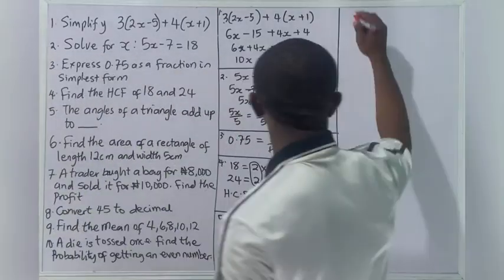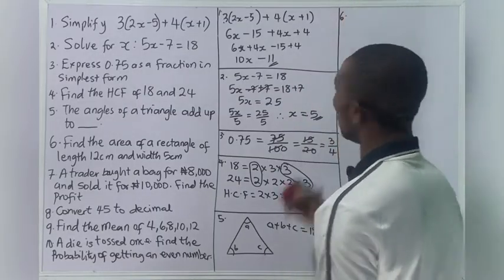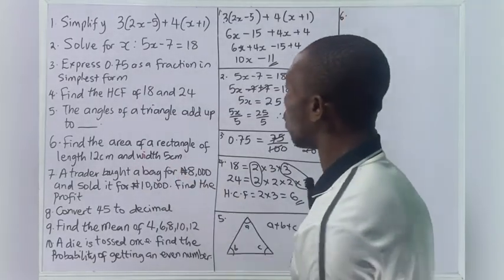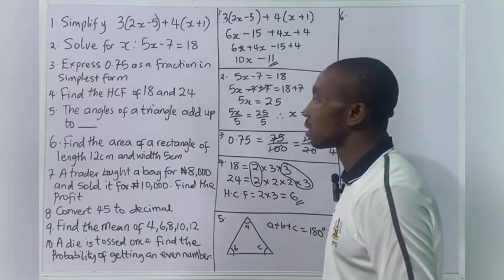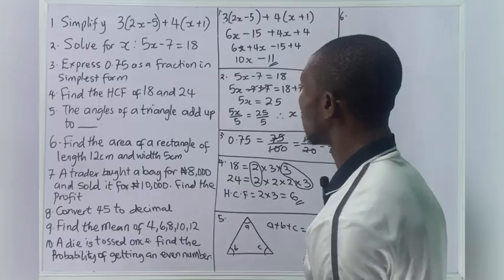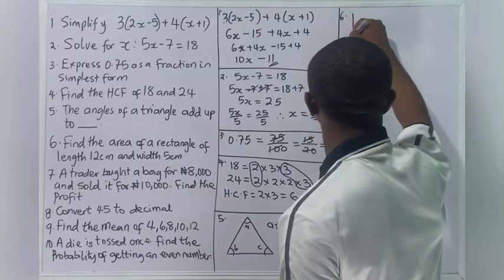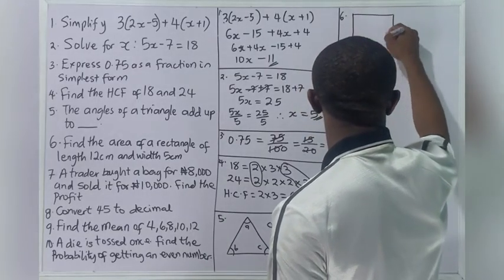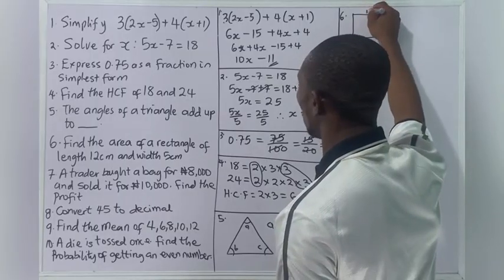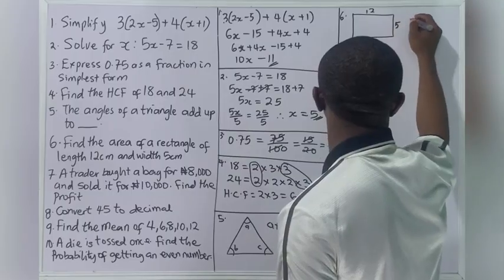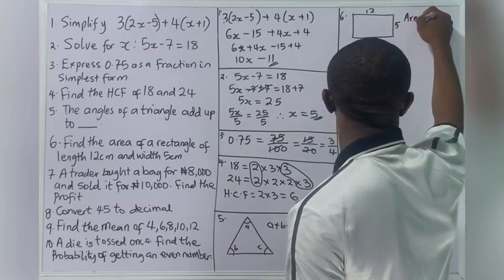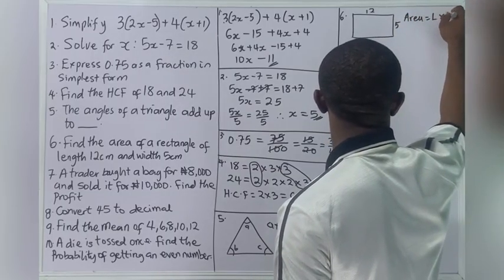Okay, to question 6, it says find the area of a rectangle of length 12 cm and width 5 cm. So we have a rectangle. They said our length is 12 and width is 5. And we know that area equals length times breadth.